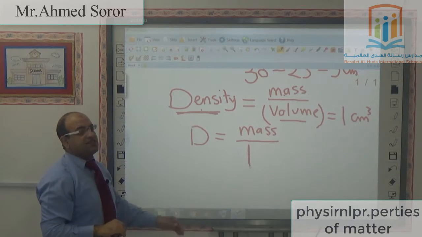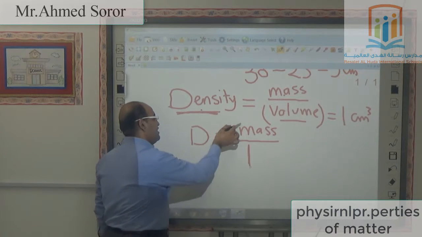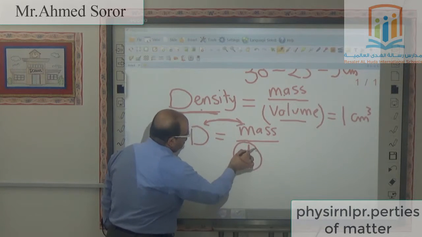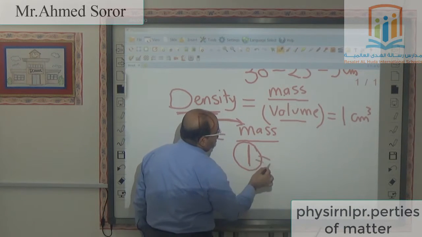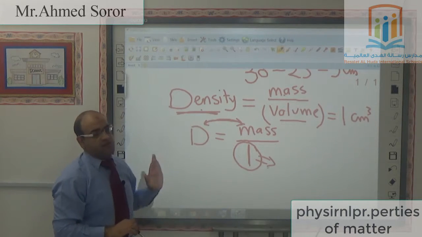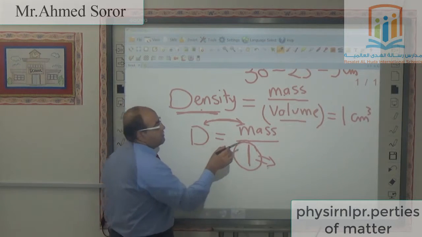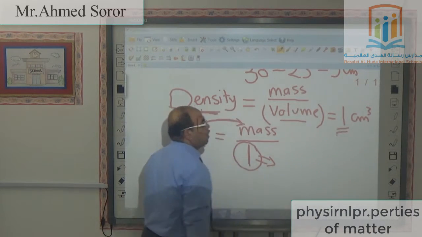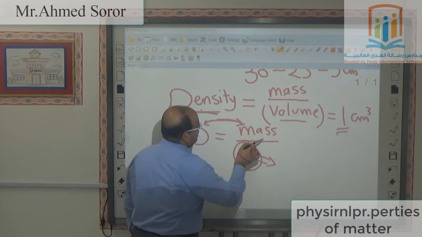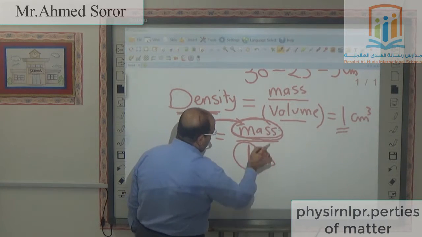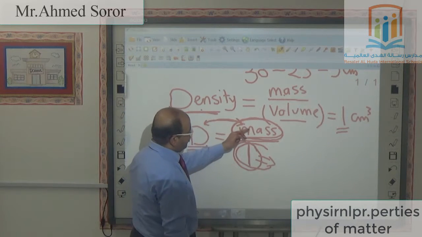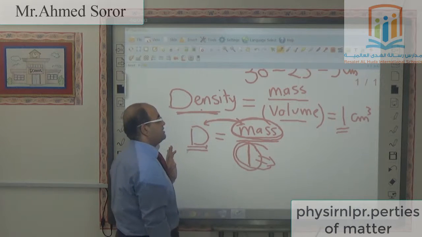So we can define density as the mass of a unit volume of any substance. Density equals the mass of a unit volume of the substance.